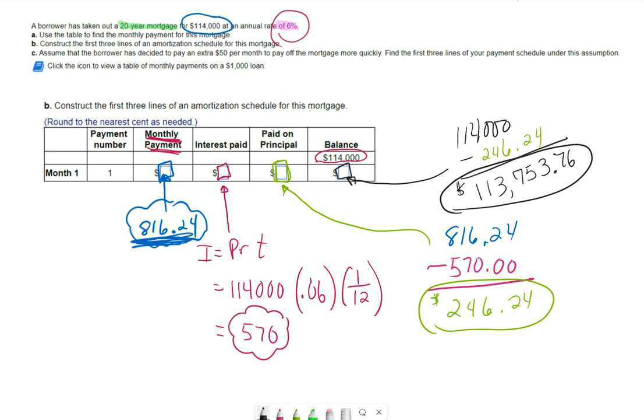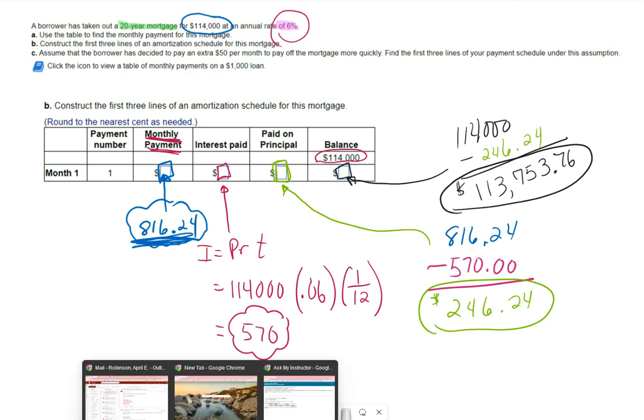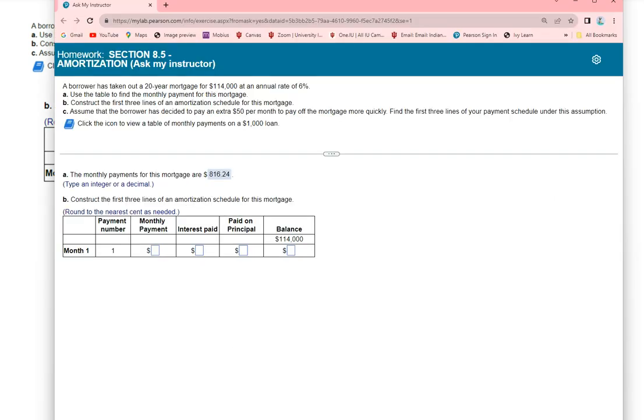So I'm going to go back to my math lab, and this is just the first row. So for this one, it's $816.24. And then the interest paid was $570. And when you subtract those two numbers, you get $246.24.